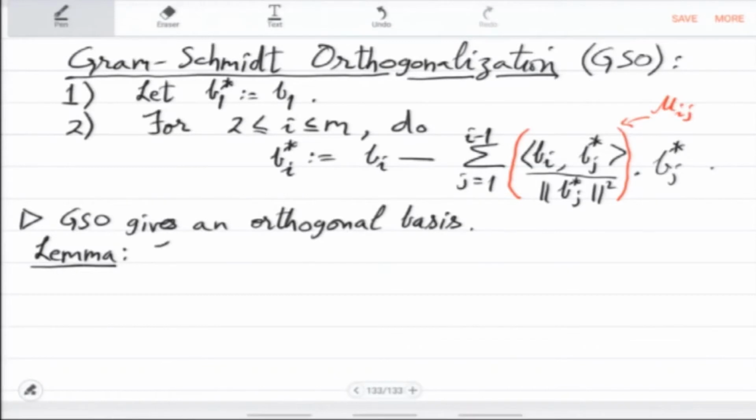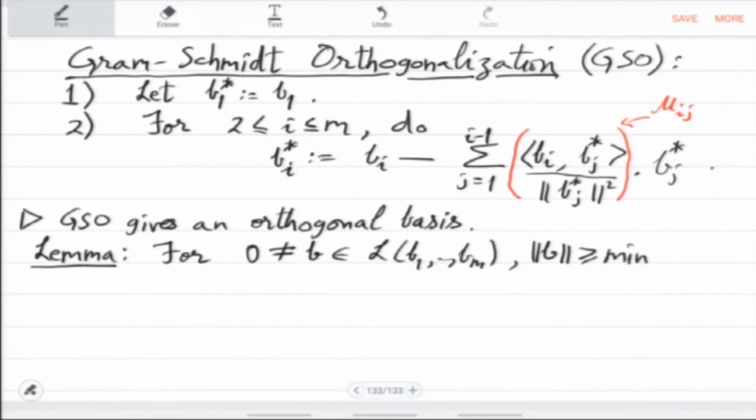Okay, so for every non-zero vector in the lattice, let's call it B, the norm of B is at least min of Bi star.